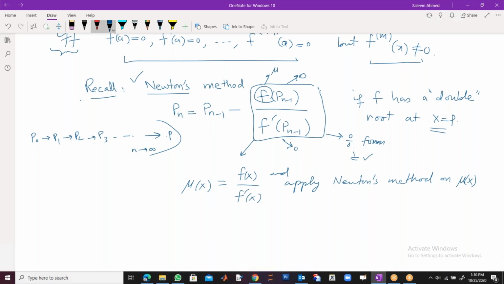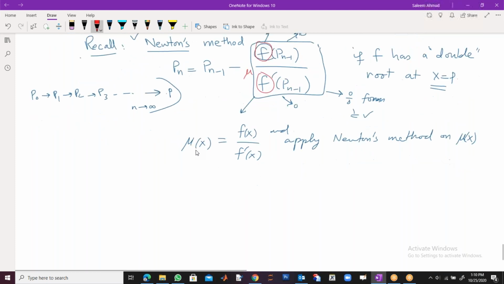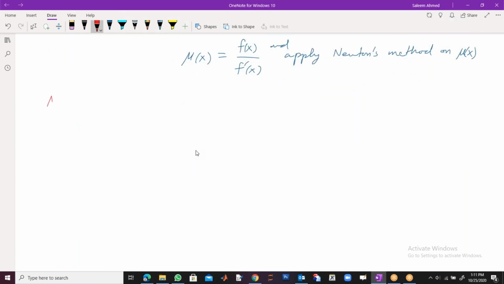If you use mu here instead of f, then it is called modified Newton's method. And this will give you faster convergence. Both are applicable. You can apply any one, but this will take fewer iterations to give you the answer.